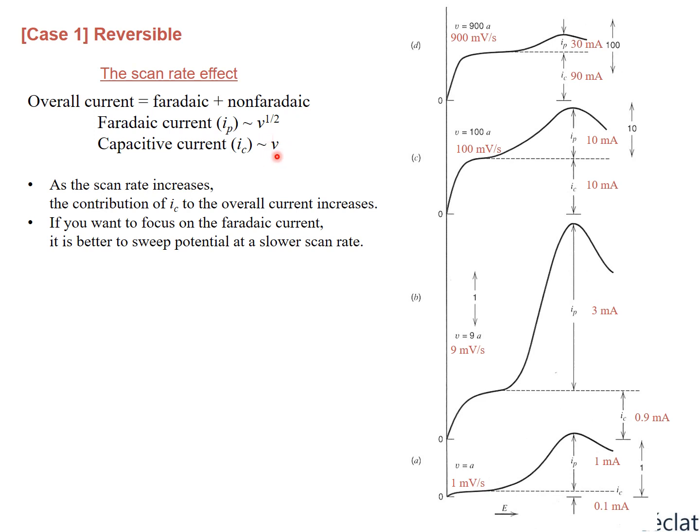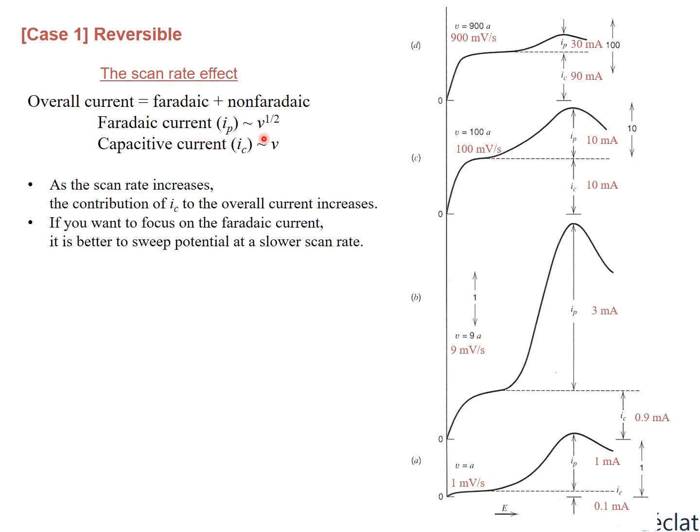Therefore, as the scan rate increases, the contribution of the capacitive current to the overall current increases, because the capacitive current is proportional to the scan rate to the power of 1. However, Faraday current follows the square root.